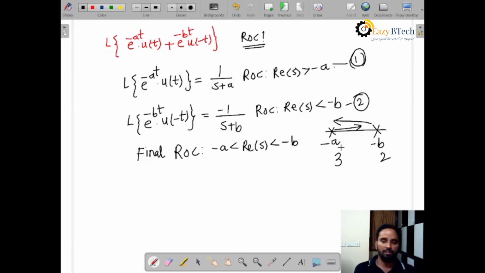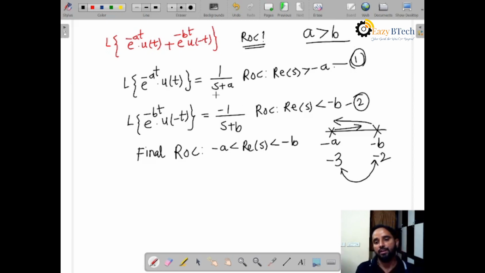Here we have discussed the a value and b value. So -b means -2 here, -3 here. So greater than -3, less than -2. By comparing these two, we can say the a value with negative is smaller than b: -3 is smaller than -2. So generally, with positive values, a is greater than b.